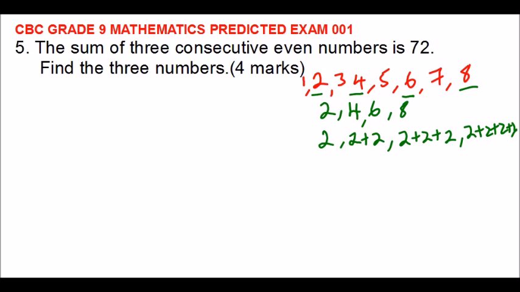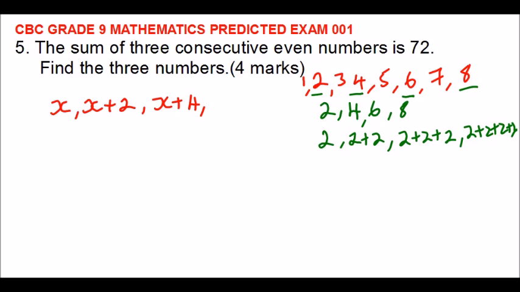And therefore, we use the same analogy and say, if our first number is x, and x is an even number, the next even number would be x plus 2, right? The next number would be x plus 2 plus 2, which is x plus 4.